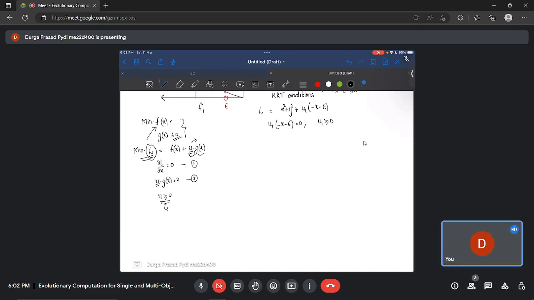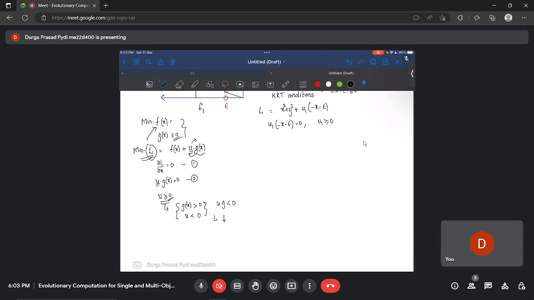In this scenario, if g of x is greater than 0 and suppose your u is less than 0, then u times g of x will be negative, so the value of L will decrease, which should not be the case. L should be minimized only when you are in the feasible region. So to prevent this from happening, you provide an additional constraint, which is that u should always be non-negative.